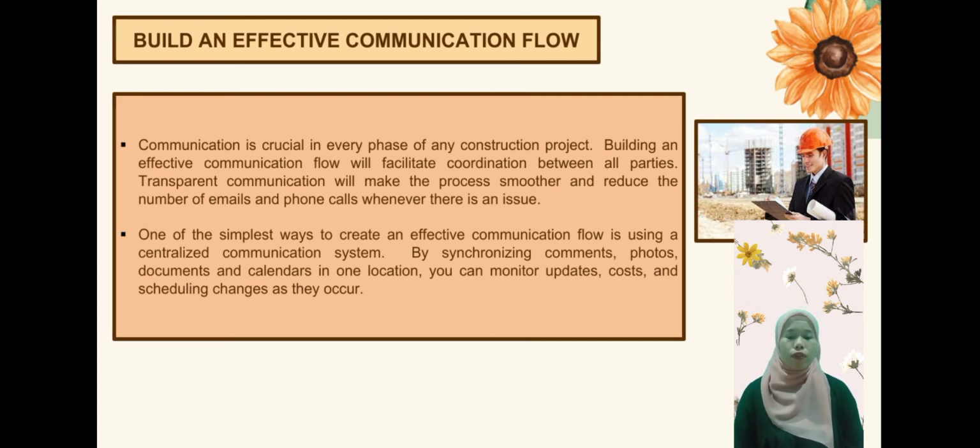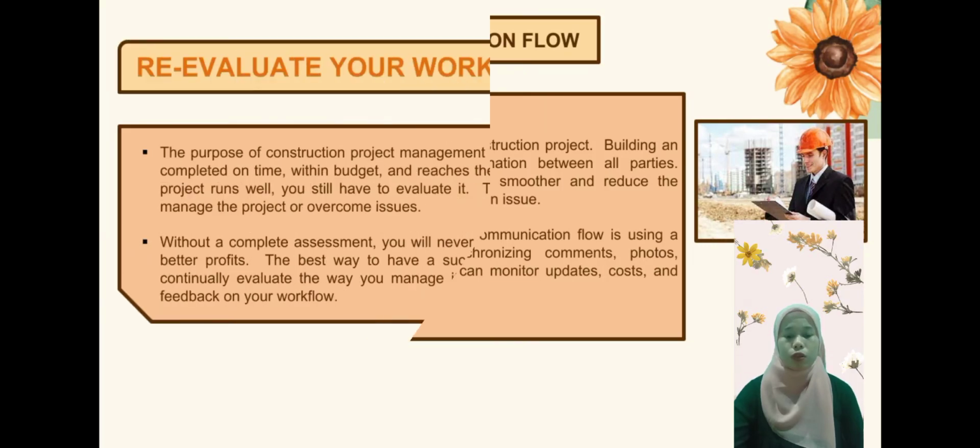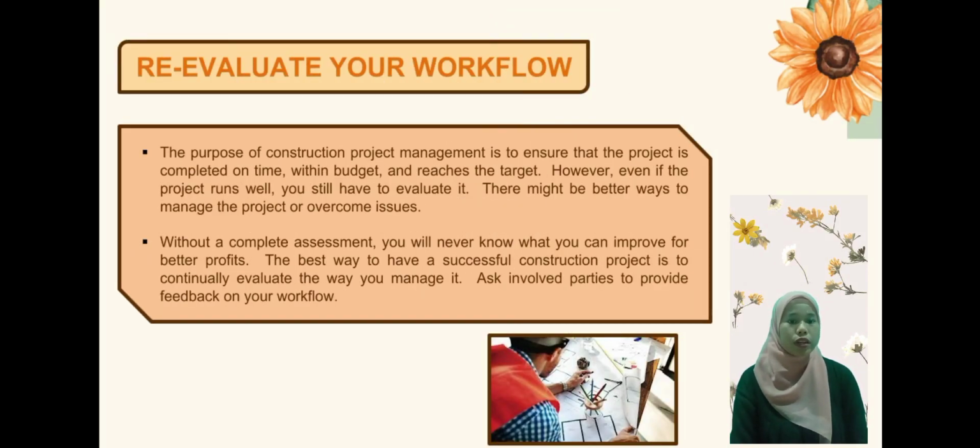One of the simple ways to create an effective communication flow is using a centralized communication system. By synchronizing comments, photos, documents, and calendars in one location, you can monitor updates, costs, and scheduling changes as they occur.